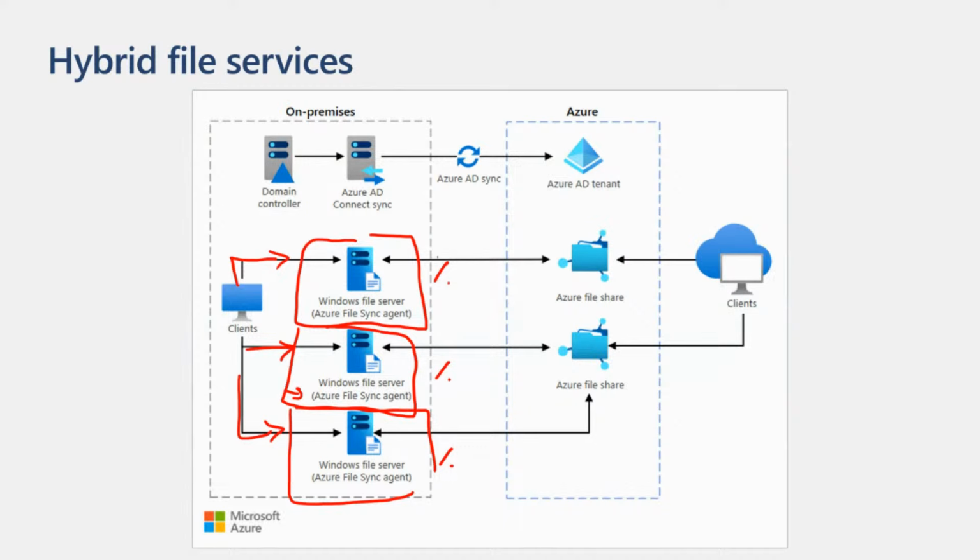It will also synchronize all of the data into our Azure file shares. It can be one, it can be more, depending on the sync group, where we can also reach it through the REST interface directly from the cloud. Of course, Azure AD authentication is supported with Azure AD Connect. So let's jump into the portal and see how we can configure that.